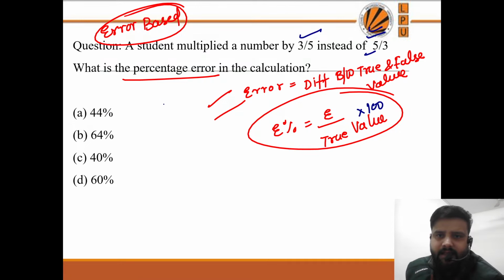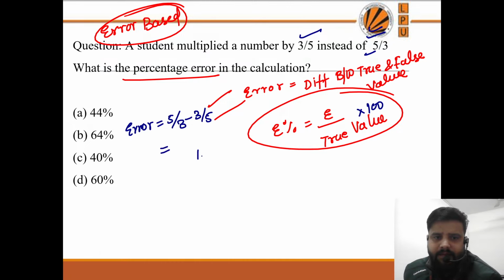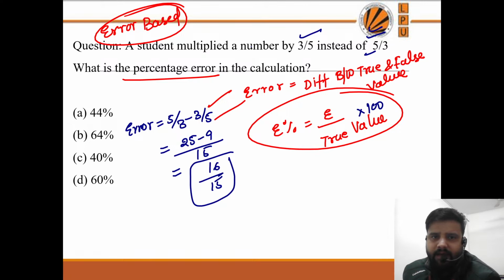Okay, we made a mistake that time. So error is 5 by 3 minus 3 by 5, which means the denominator is 15. So here it will be 25 minus 9. So the error is 16 by 15. And in the question, the number was multiplied by 3 by 5 instead of 5 by 3.